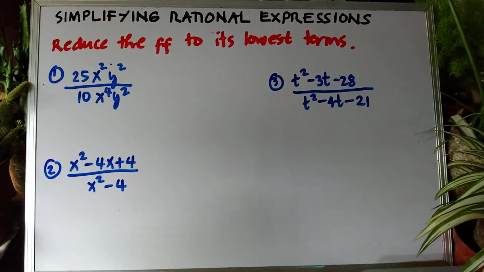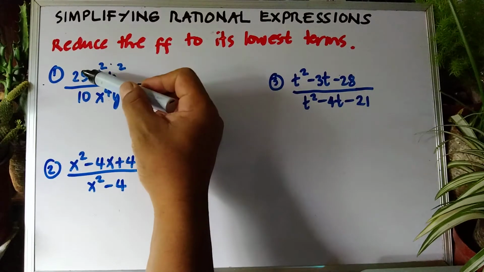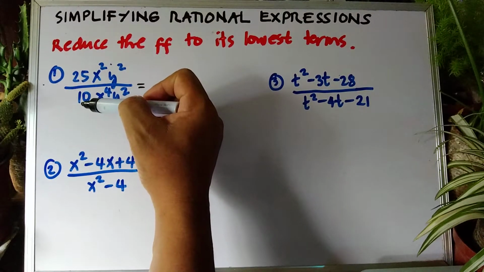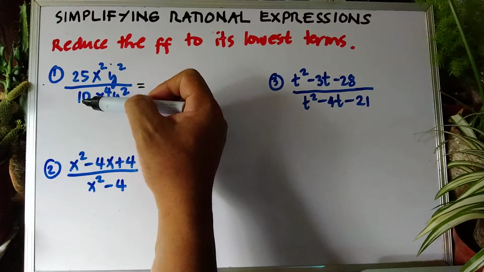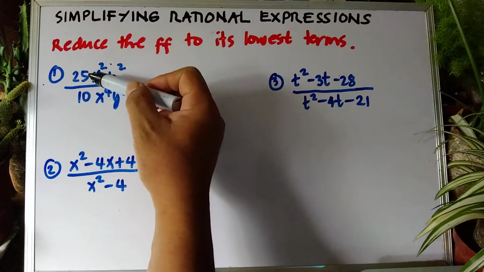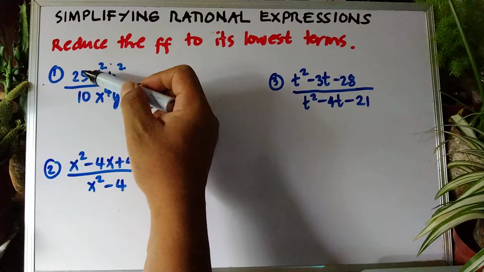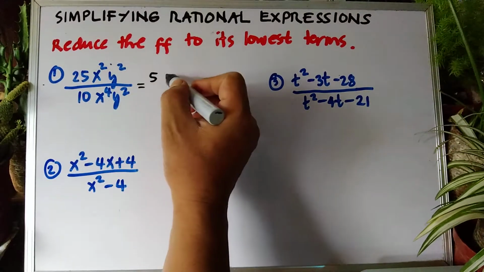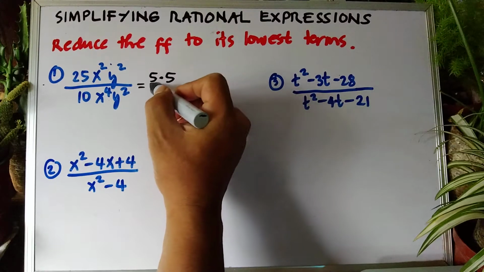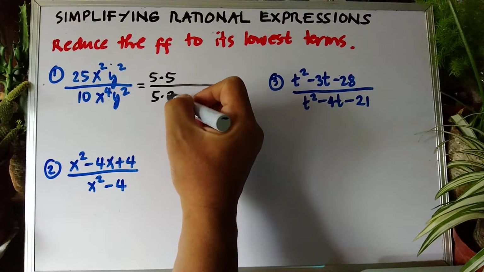So, here we have 25 over 10. We can exactly identify the common factors of 25 and 10, correct? By just looking at the two numbers, we know that their common factor is 5. So, 25 is simply 5 times 5, and 10 is 5 times 2.